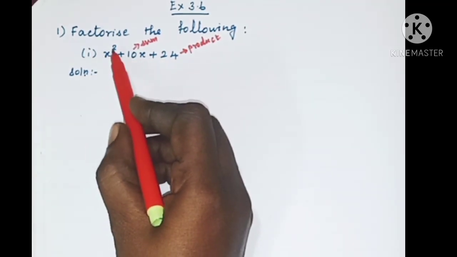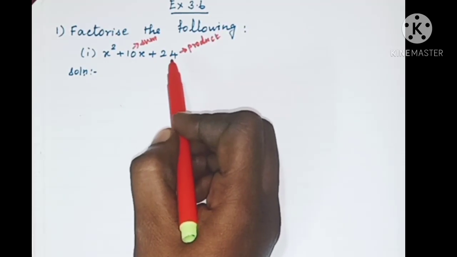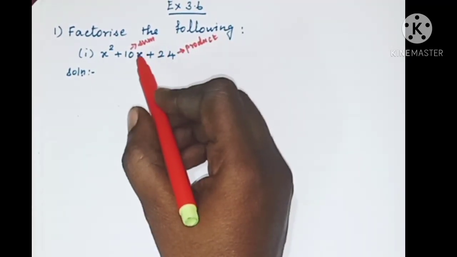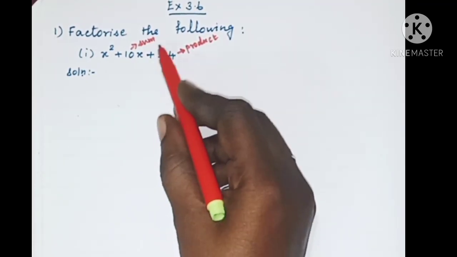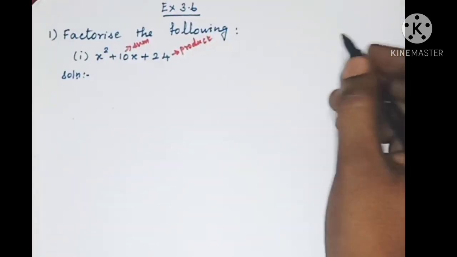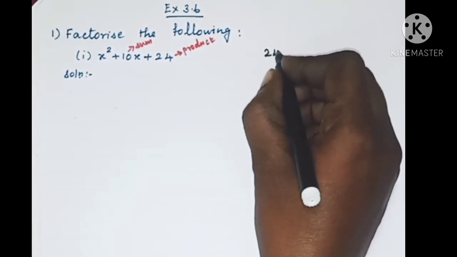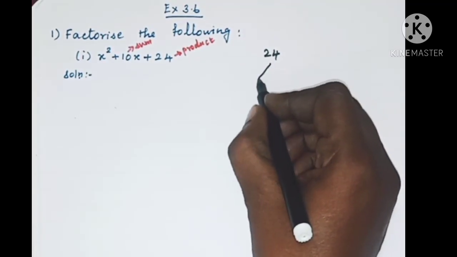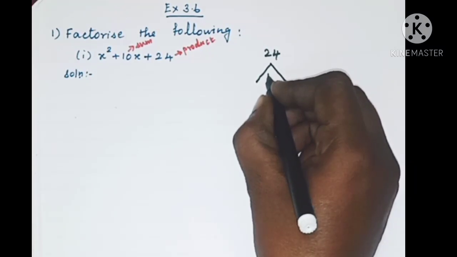Because we have the degree 2 here, we can say this is a quadratic equation, and we can take this coefficient of x as sum and the constant term as product. So here we have the product is 24 and the sum is 10.